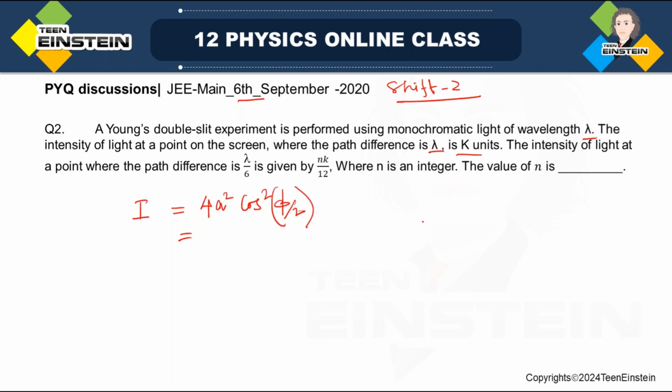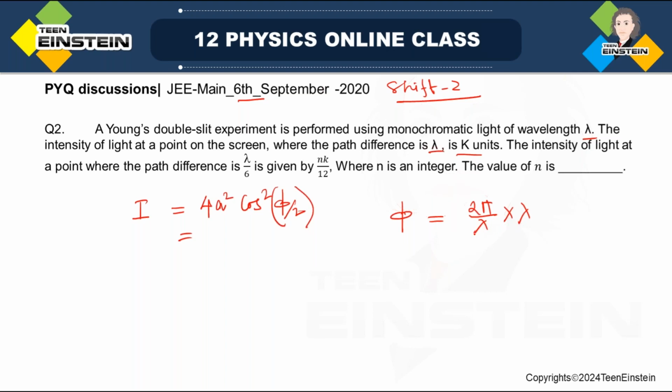Now, when the path difference is lambda, how do we get the phase difference? Phase difference is equal to 2 pi by lambda into lambda.